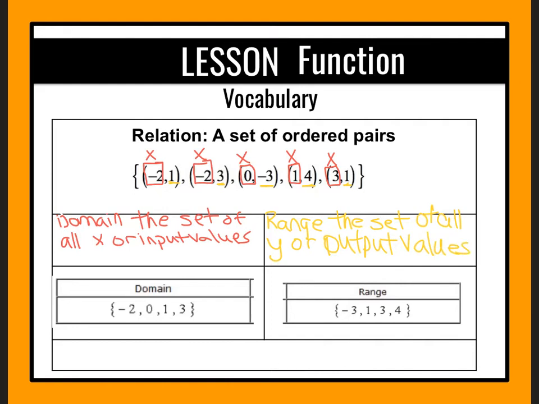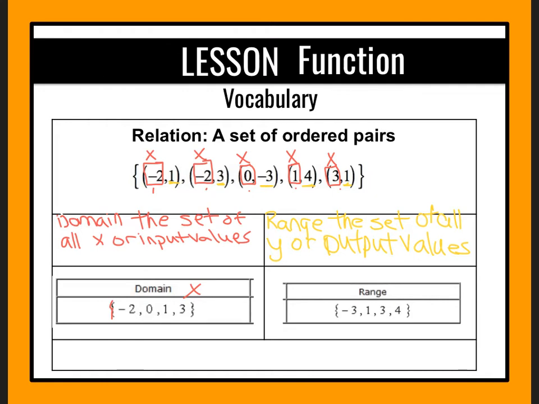Sometimes I may ask you to refer to the set of ordered pairs, the relation, and write all your domain values. So really what I'm referring to is the domain values that I highlighted in pink. Notice I have a -2, a -2, a 0, a 1, and a 3. Notice in my set notation here, I just listed the -2 one time.